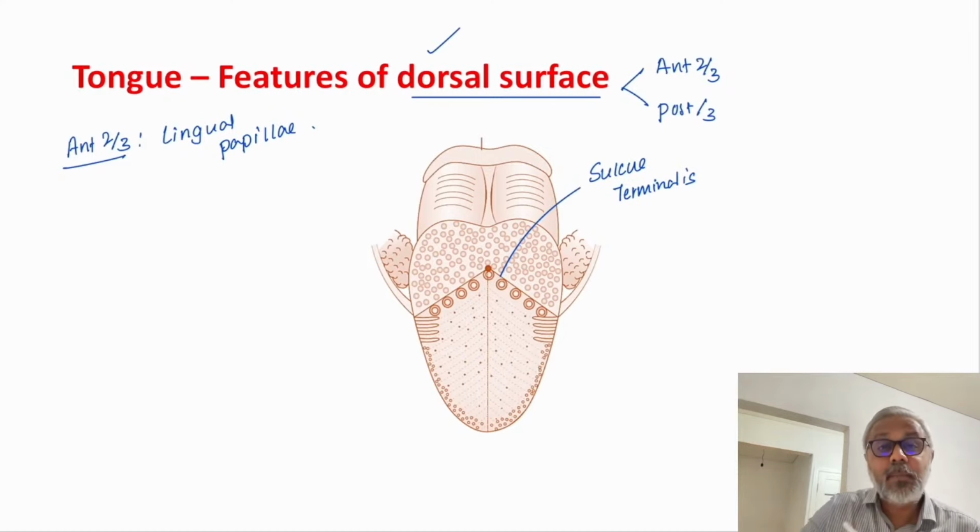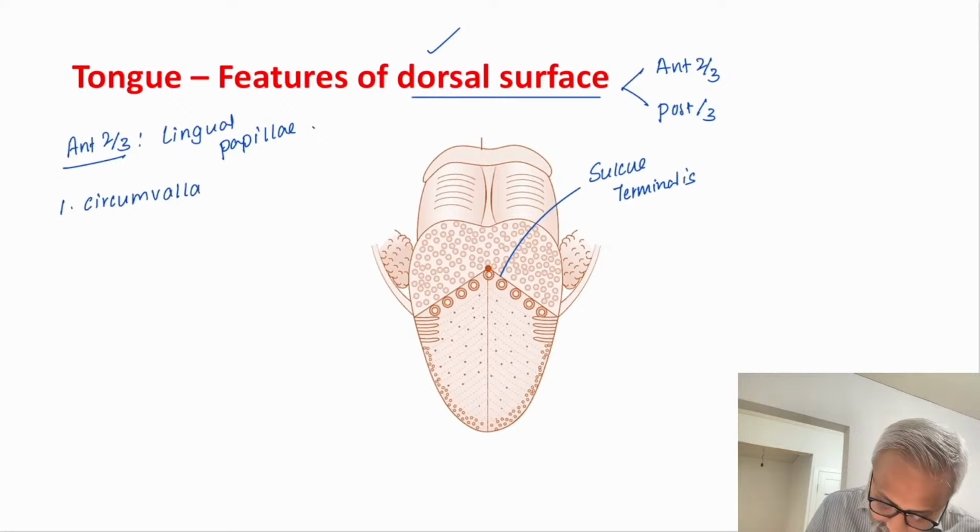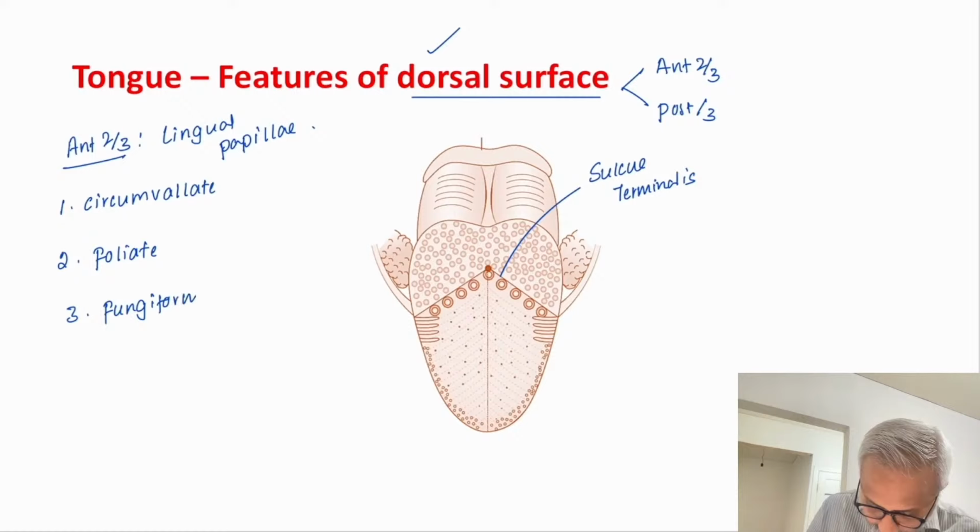These are projections coming from the mucous membrane of the tongue. And these could be of 4 types. One is the circumvallate type. Then we have foliate, right? Then we have the fungiform. And finally, we have filiform.